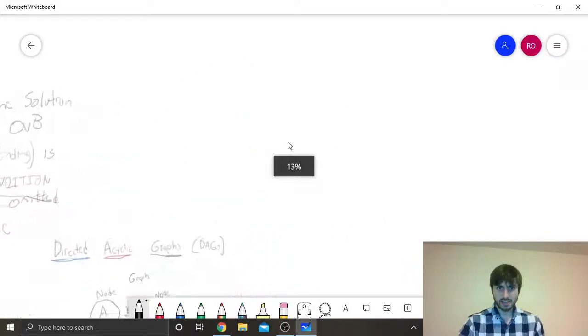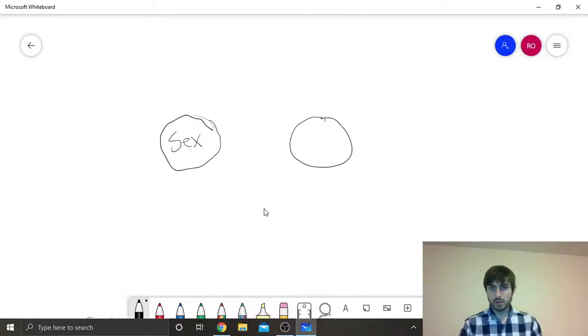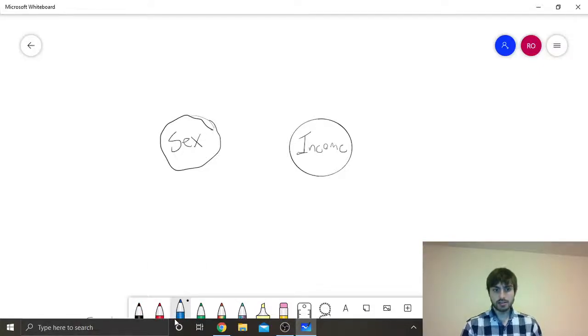So another example, let's draw a different directed acyclic graph here. Let's talk about the gender pay gap, which is very common. We've got your sex, whether you're male or female. We have your income. And we think there is some causal effect of sex on income.